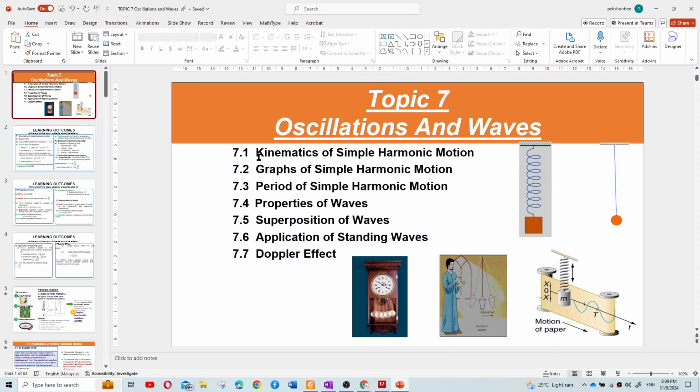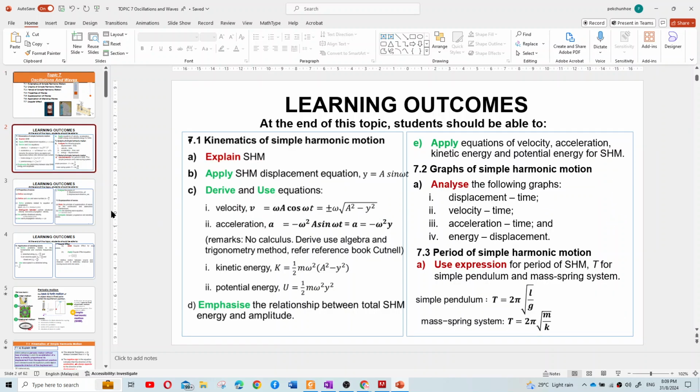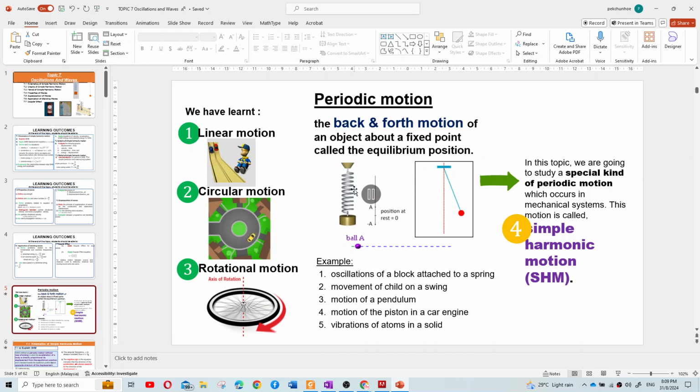Now we focus on the kinematics of simple harmonic motion, 7.1, for today. Start with periodic motion. We have learned about linear motion, circular motion, and rotational motion. Linear motion is things moving in a straight line.